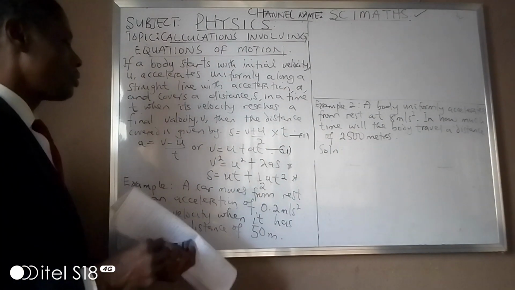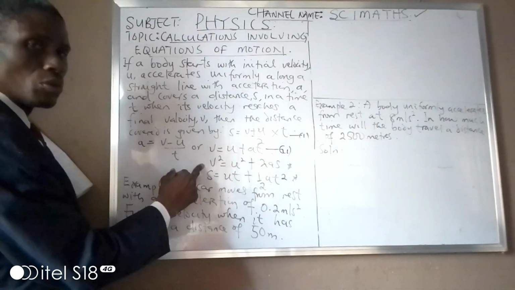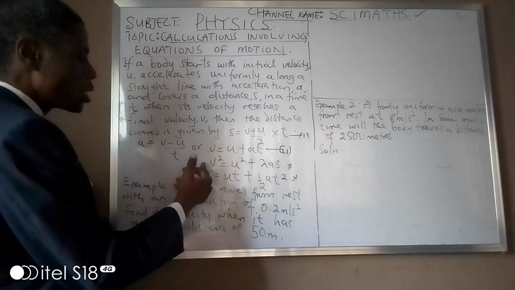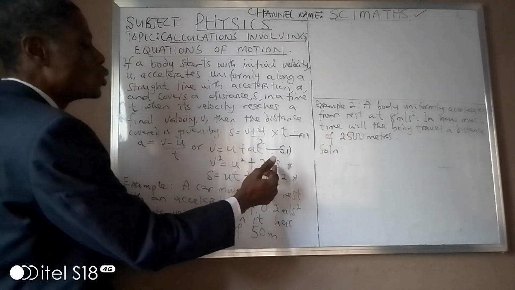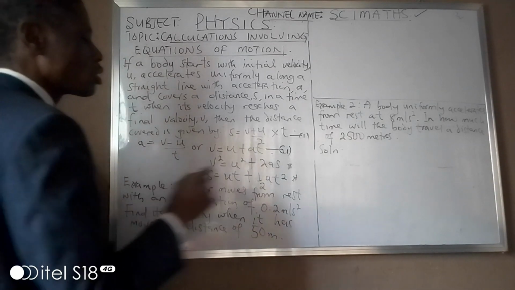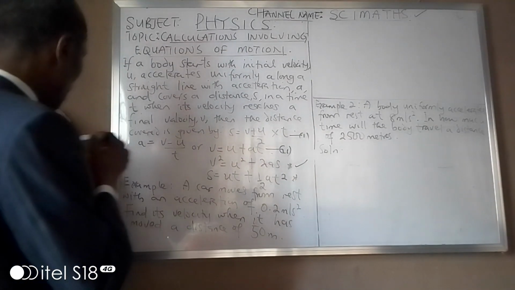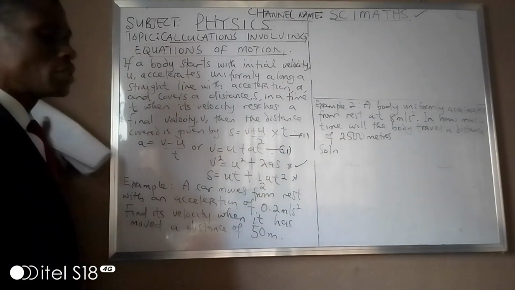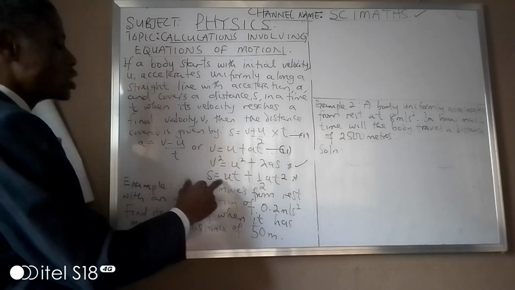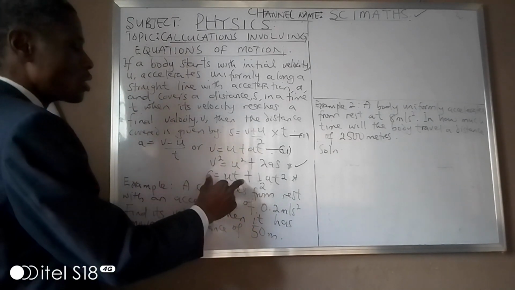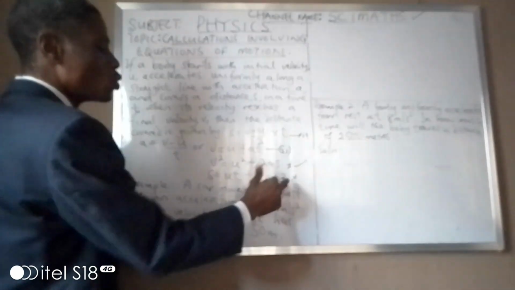Now the third equation of motion we can use is what? v squared is equal to u squared plus 2as. And the fourth one, the last one, we can say s is equal to ut plus half at squared.